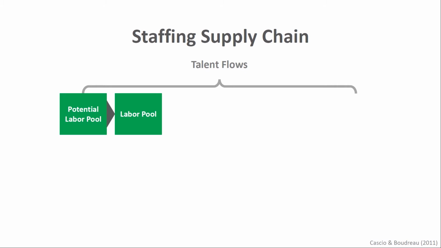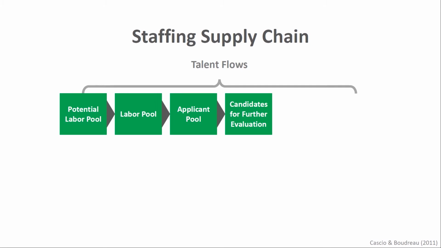From there, people from that potential labor pool will flow into our labor pool. Our labor pool is what we draw on when we're recruiting for a particular position vacancy, and we want to draw people from that labor pool that have the relevant knowledge, skills, abilities, and other characteristics into our applicant pool, so then we can select from that applicant pool.